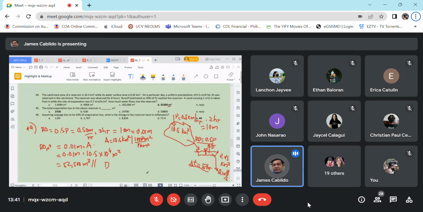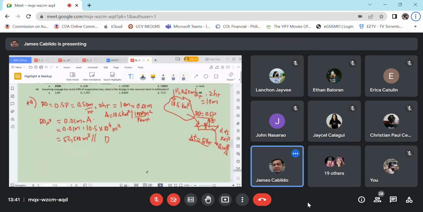The total evaporation loss in the above reservoir is blank cubic meters. Alright, so sa 45, ang hinahanap natin ay evaporation in cubic meters. Alright.